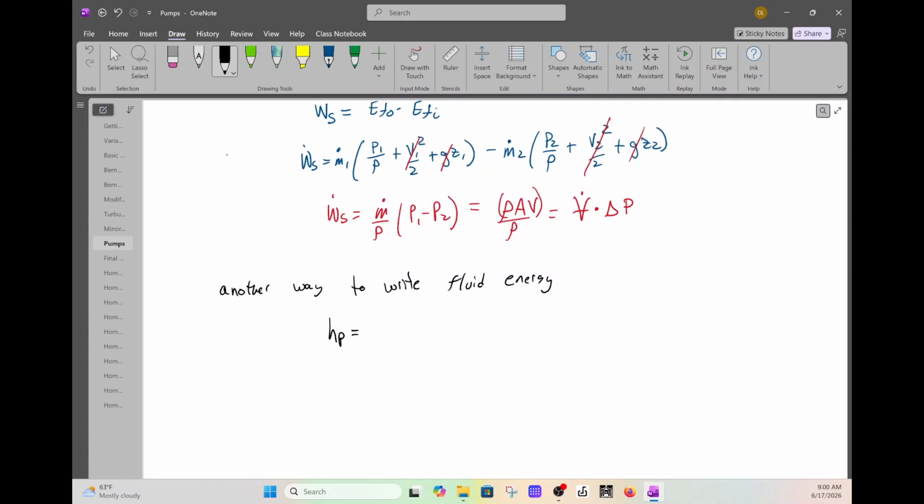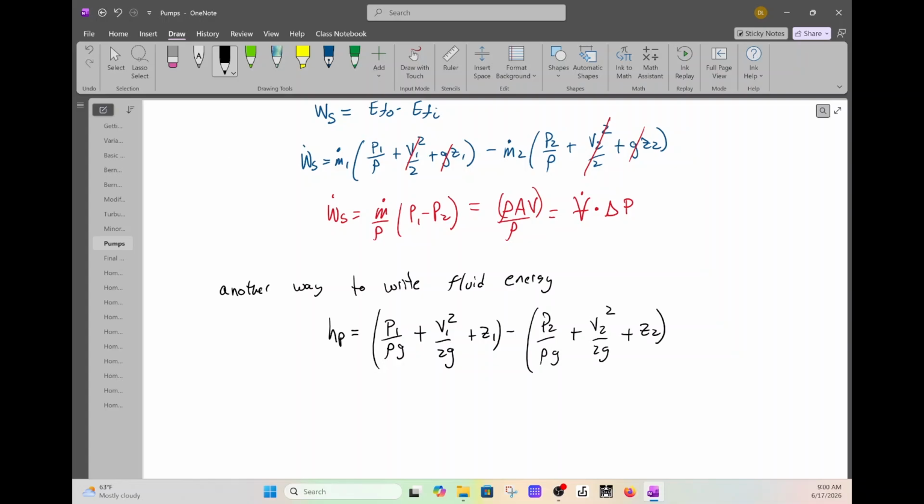I'm going to do this and show you what we can do. HP is P1 over rho G plus V1 squared over 2G plus Z1 minus P2 over rho G plus V2 squared over 2G plus Z2.